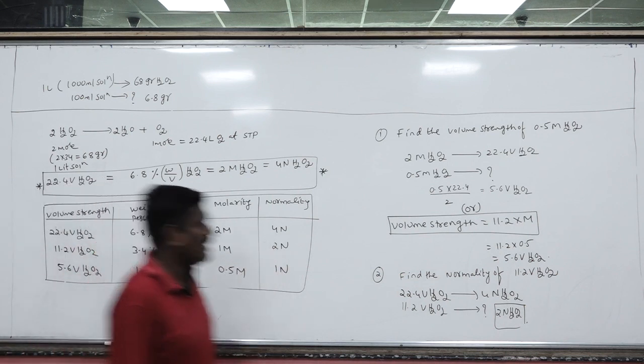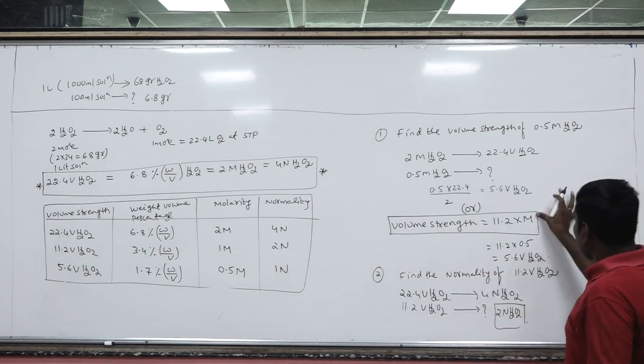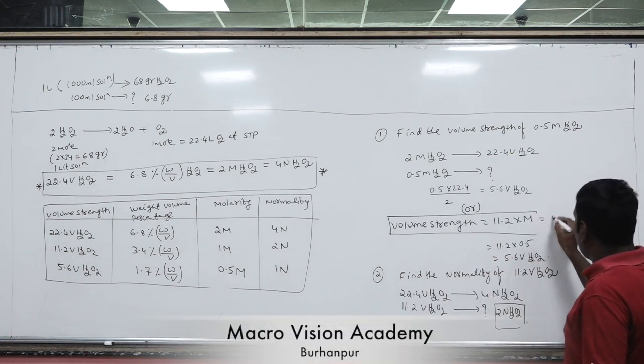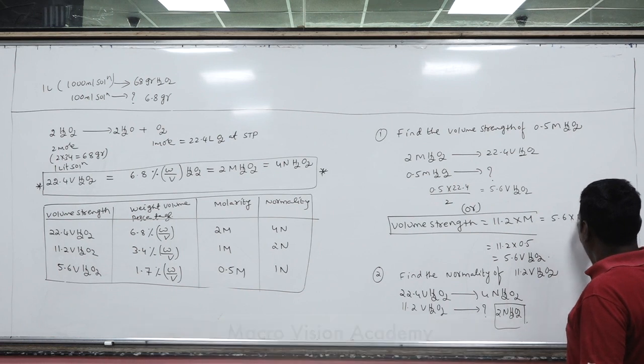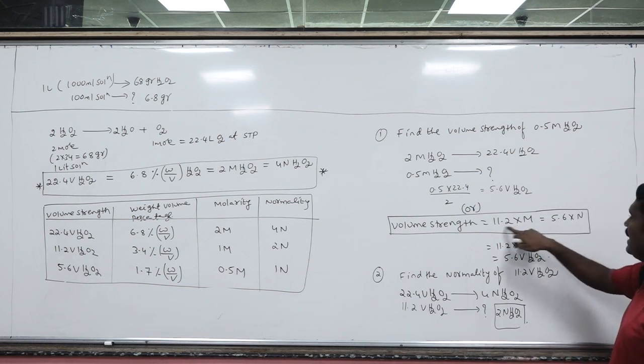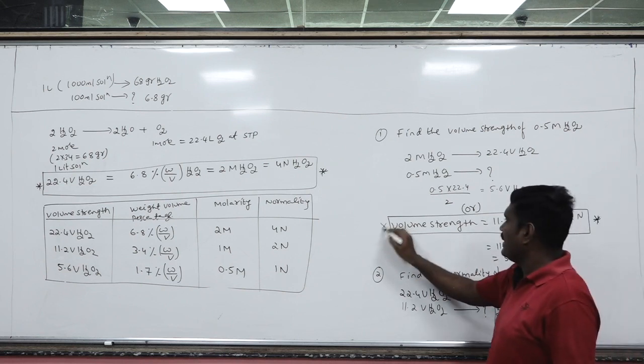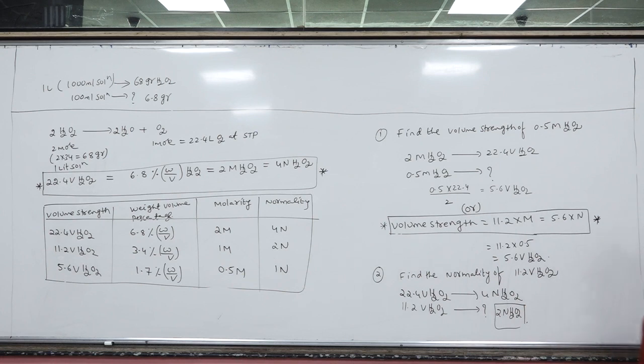Otherwise, you have one formula. I am writing here in continuation: 5.6 into normality, because normality is 2 times the molarity. If you write normality is equal to 2 into molarity, you will get 11.2 into molarity. By using this formula also, we can directly calculate the volume strength.